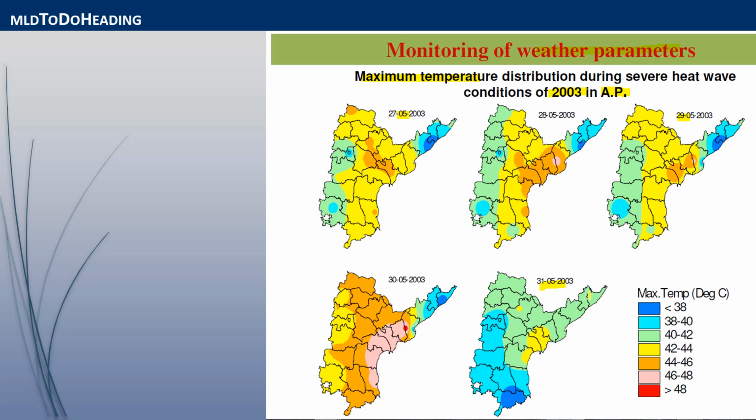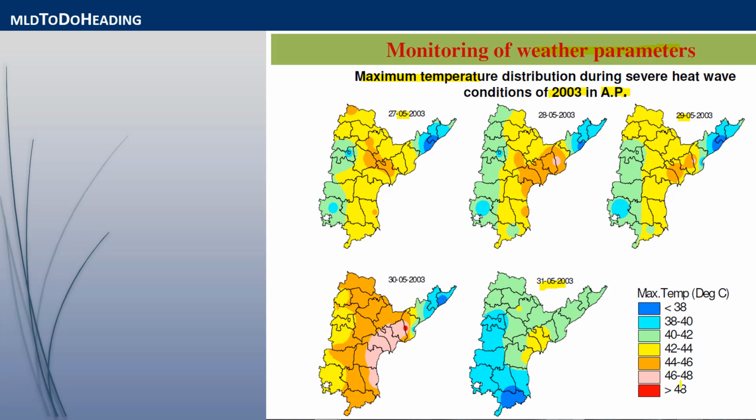For these 5 days, the whole Arunachal Pradesh state area is monitored with the help of geospatial technologies, and the heat map shows the temperature.